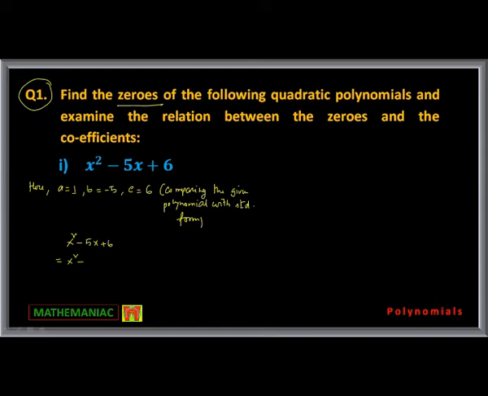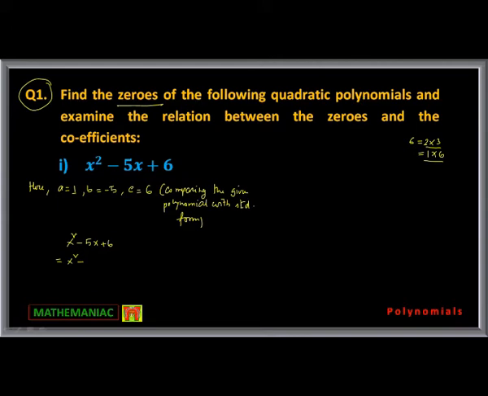So here, if I multiply 1 and 6, what will I get? 6. Now this 6 you have to break into all possible products of two numbers. So we have broken it in two ways, 2 into 3 and 1 into 6.